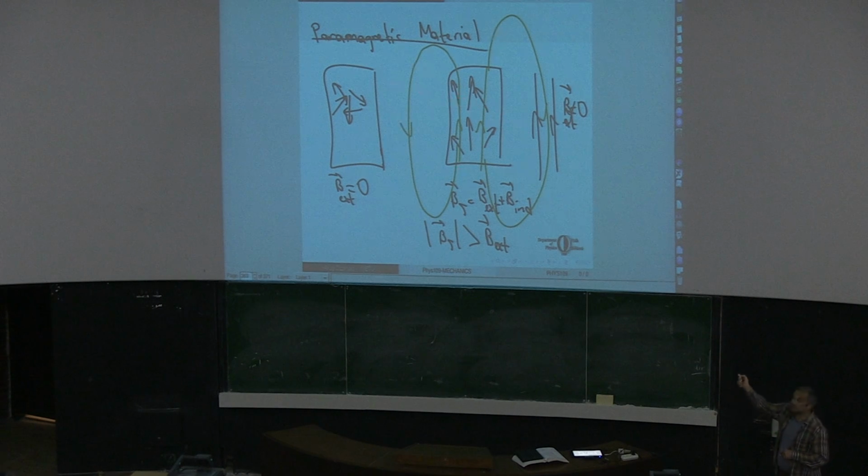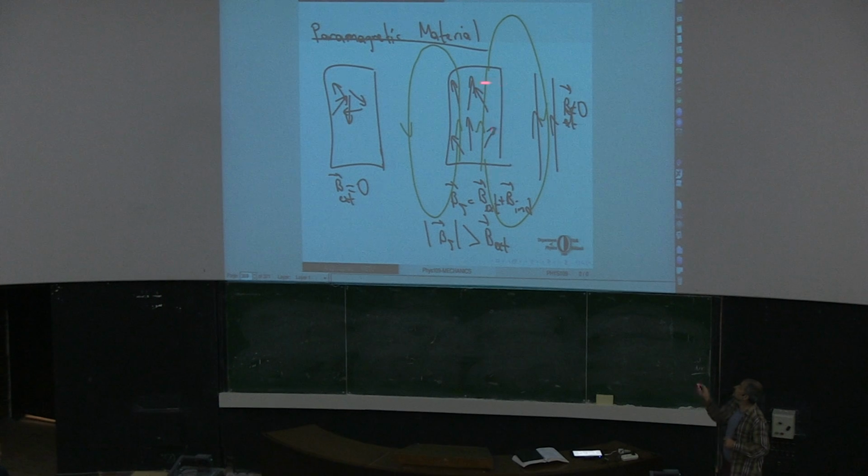The sample as a whole has a net magnetic moment, but when you remove the external magnetic field, all this net magnetic moment will just disappear. It will not make a permanent magnet. They just align because of this external magnetic field. When you remove this external influence, they will go back to their random orientation.